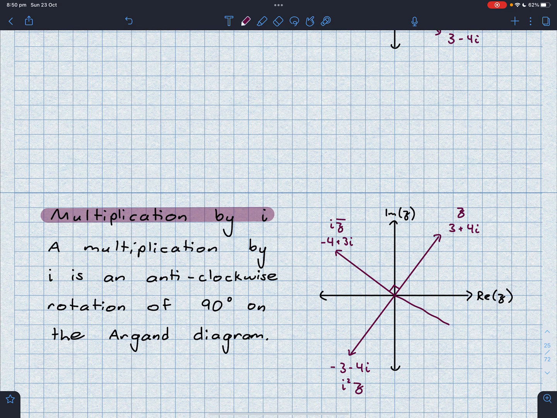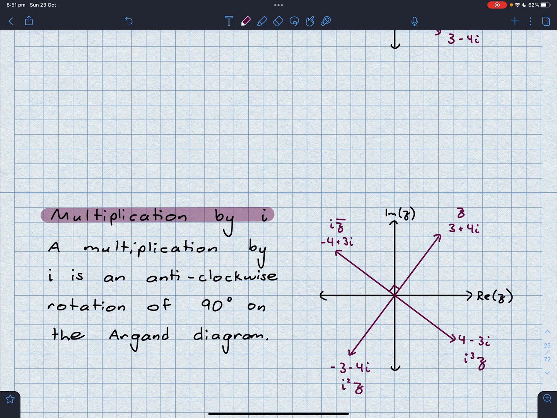And then I can do the same again and get 4 minus 3i, which would be i cubed times the original complex number. So every time I multiply by i, I'm just moving 90 degrees on my Argand diagram, because I'm switching real and imaginary parts when I multiply by i.